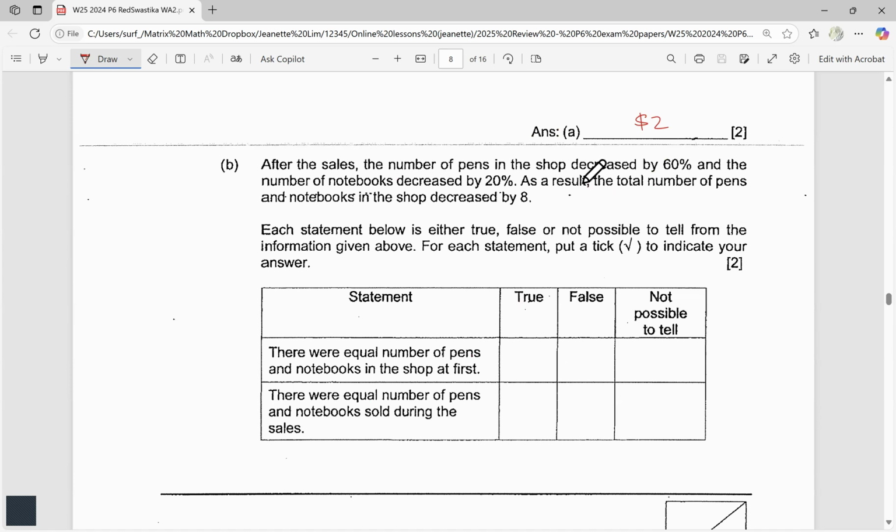We wouldn't be able to tell any information about the at first, right? Because you're only given a percentage of the decrease and the number of decrease. So this will not be possible to tell simply because there is a lack of information given.